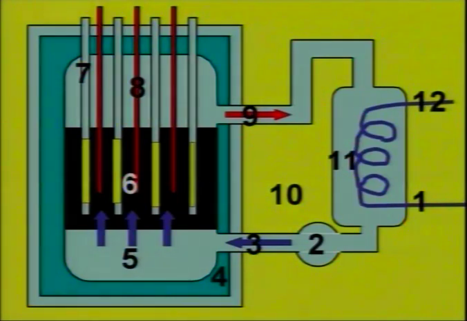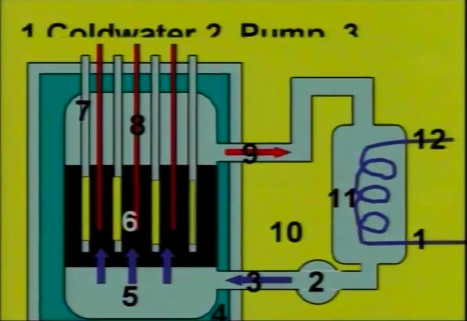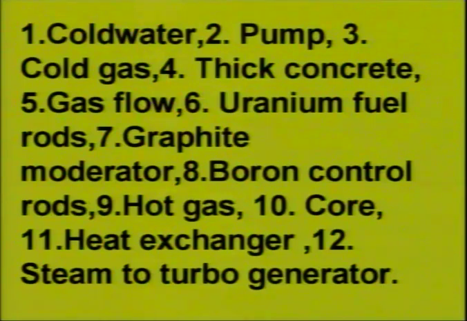So it's quite a complicated process, but following that simple diagram, it can give you an idea of how nuclear reactors work. Okay, those are the list of names beside each one of those.